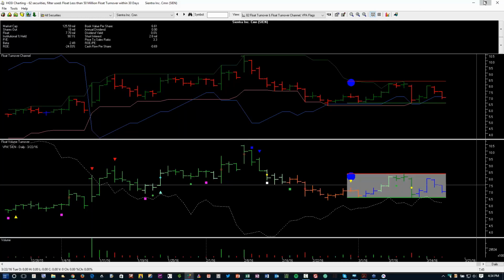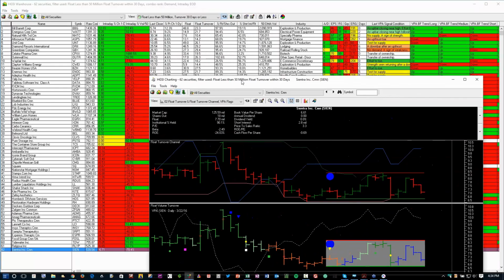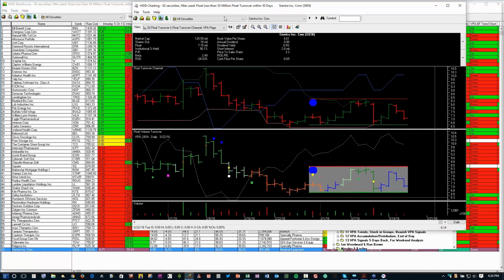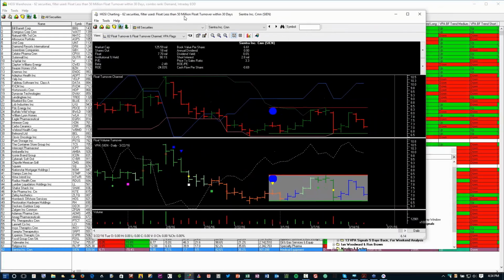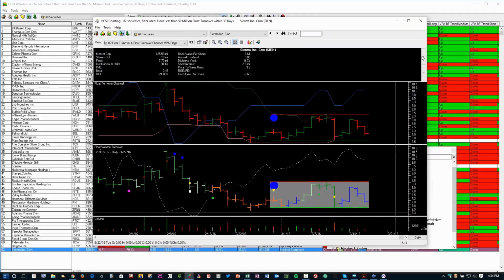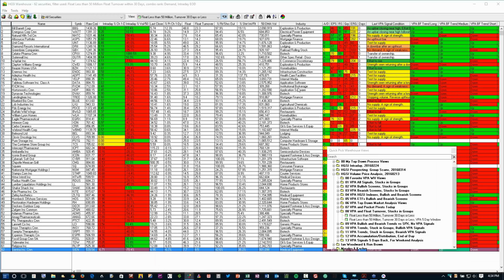And in this VPA chart, I did not add the other information yet. So let me look at this. 8.5. It turns over in 8.5 days. So on average, let me get that out of the way just for a minute. Float turnover is 8.5 days. You can see that. And here's the float.